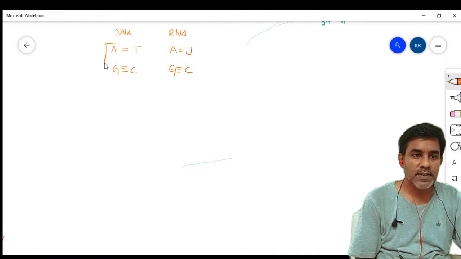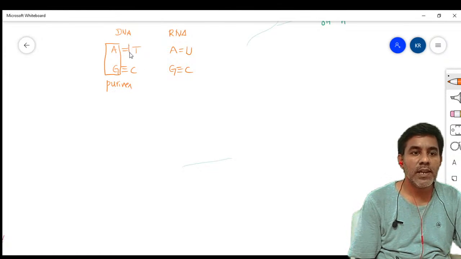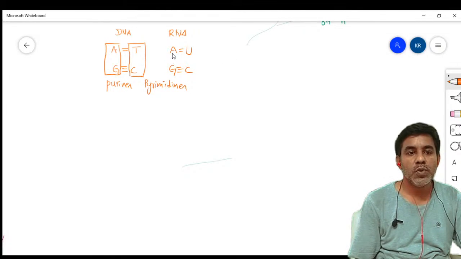So in this case, A, G are known as the purines. Similarly, T, C are known as the pyrimidines. Here also A, G are present, and those are purines.